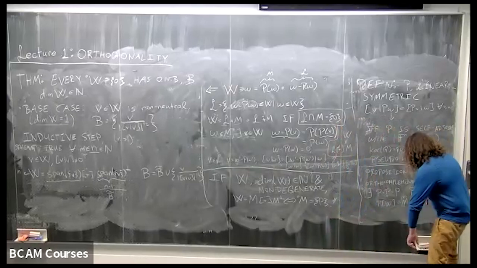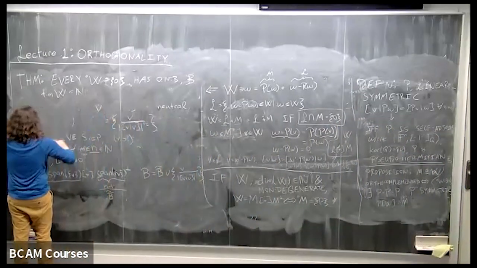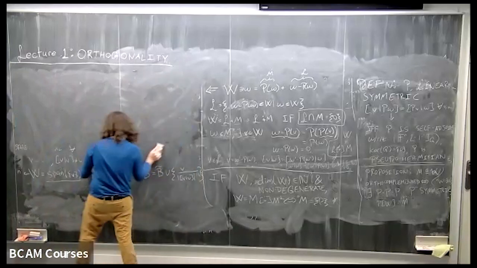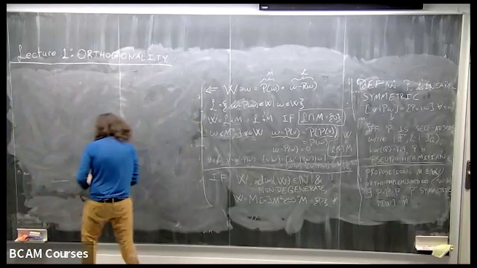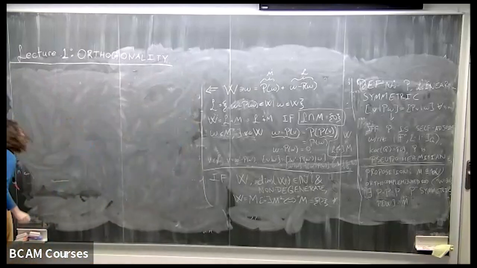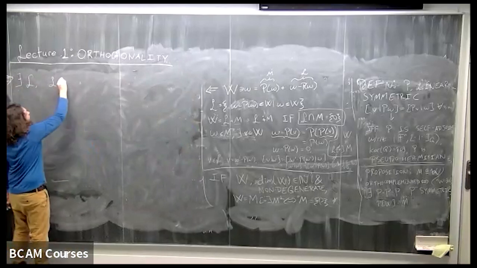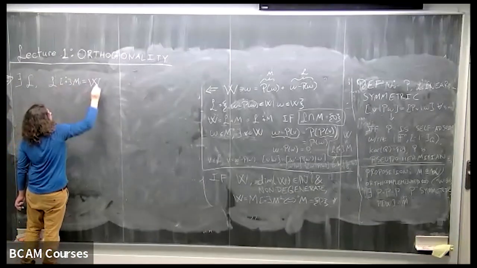The other direction: if the subspace M is orthocomplemented, that means there exists L such that L orthogonal direct sum M is W.